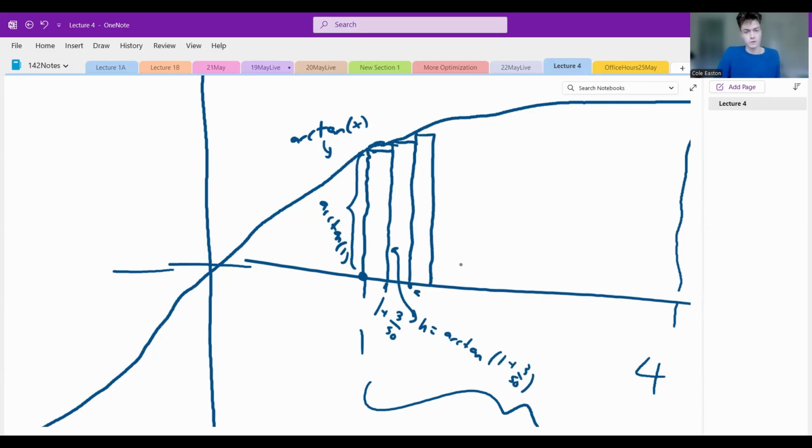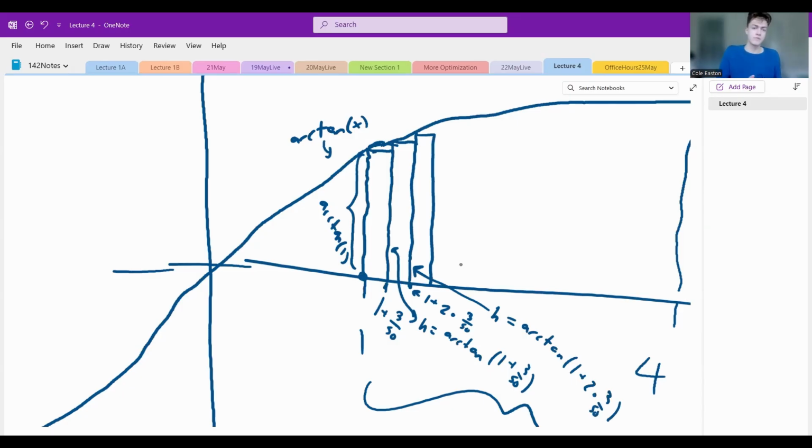What's this point going to be here? Well, that's 1 plus, and I moved 2 steps to the right. So 2 times 3/50ths, right? Because each step is 3/50ths. And then what's the height of this line going to be? And that's our third rectangle. And so that height is going to be arctan of 1 plus 2 times 3/50ths.